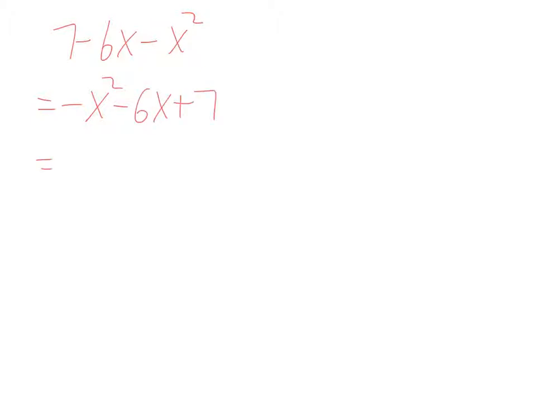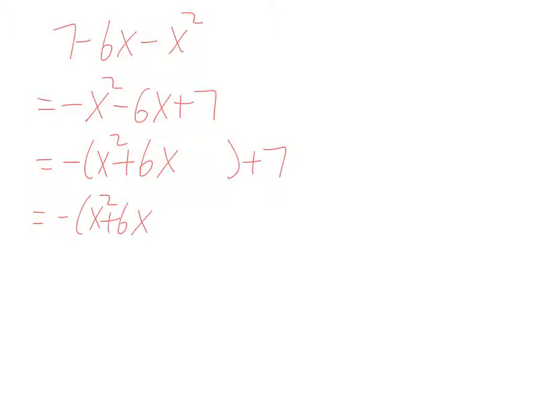The leading coefficient should be 1 to complete the square. Right now, I have negative 1. So we will factor the negative sign: negative of x squared plus 6x. We factor the negative sign. Do not divide by negative 1. If divided by negative 1, you're changing the algebraic expression.